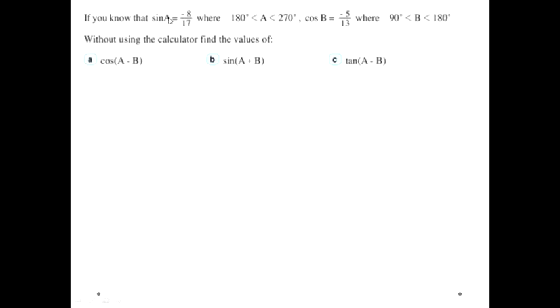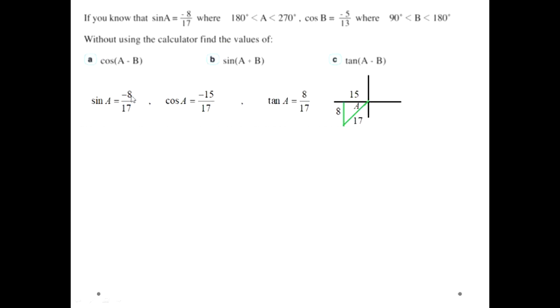So as a result, when I draw a triangle in the third quadrant, I will consider the cosine is also negative, but the only one that is positive is tan, just like that. Sine A equals negative 8 over 17. Of course, I will draw a right angle triangle in the third quadrant, 8 over 17, and by using Pythagoras, we will find the adjacent equals 15, and cosine A is negative 15 over 17, tan A is 8 over 15. The only one that is positive is tan, and the others are negative.